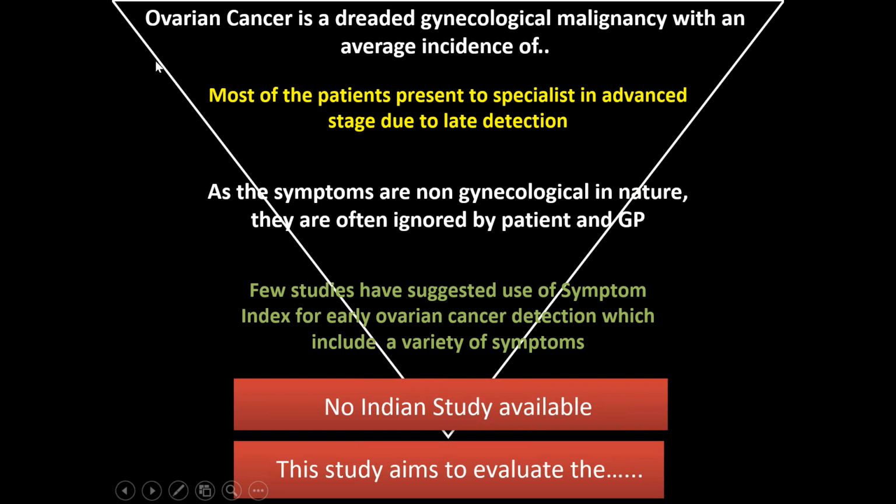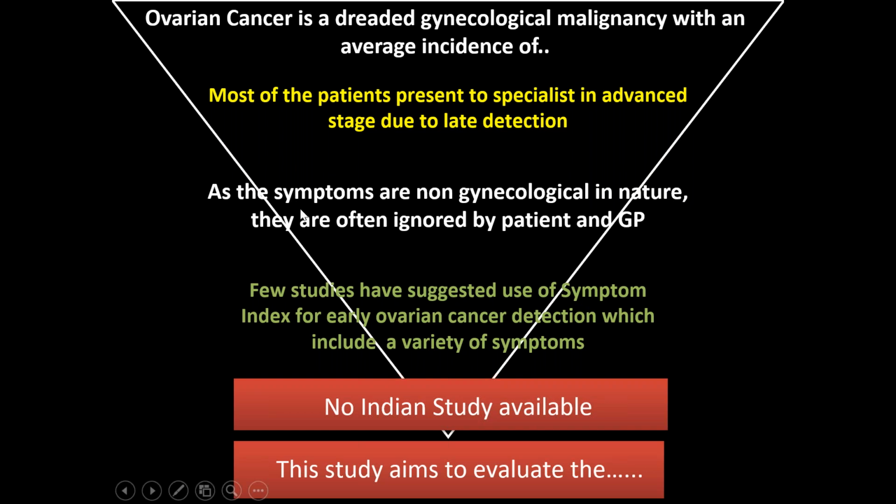Since we were talking in the context of ovarian cancer, I started with: ovarian cancer is a dreaded gynecological malignancy with an average incidence of, and I can put a reference there. And then on the next slide, most patients present to the specialist in an advanced stage due to late detection. I came closer to my topic.